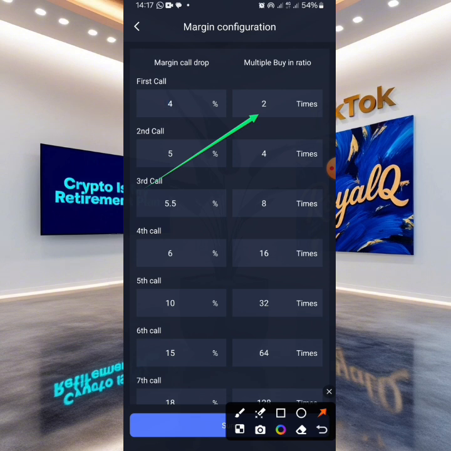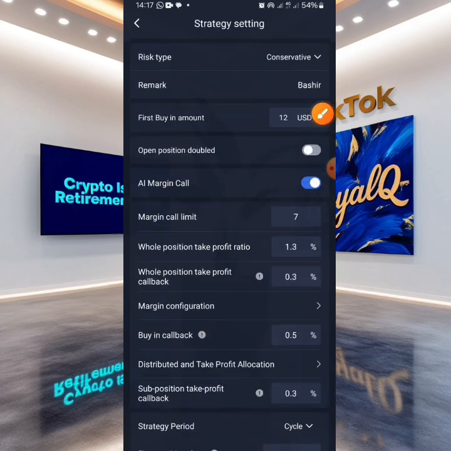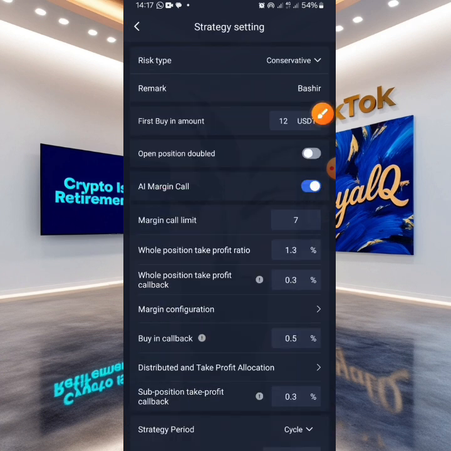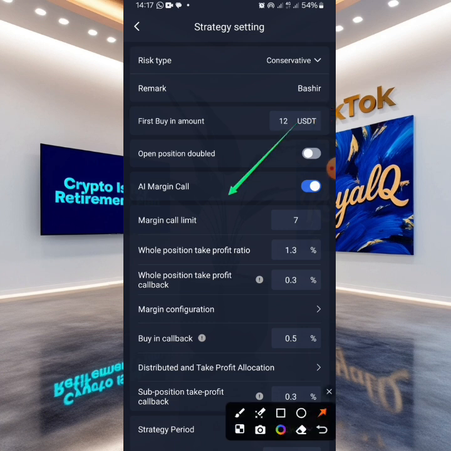Then the open position doubled will double it to 48, and the robot will put $48 in the market. So we always leave it out such that we can maximize our capital.